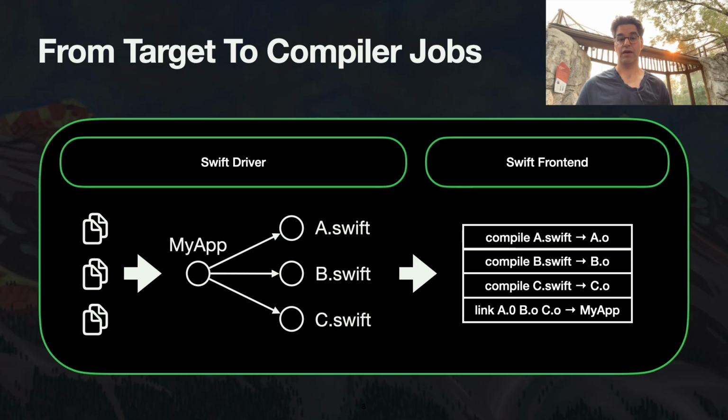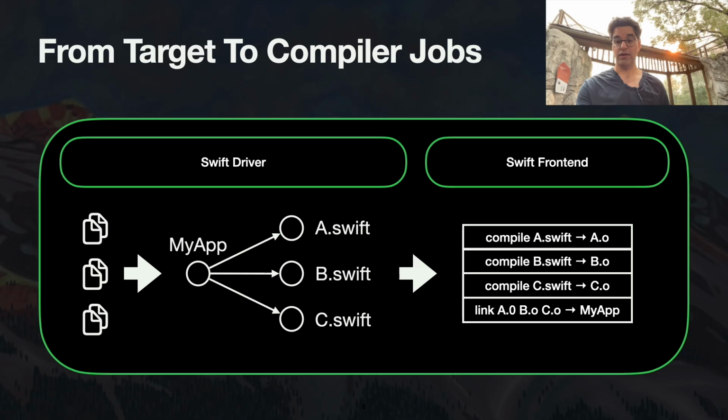So you can see here that the A, B, and C files all have to be converted to object files before they can be linked into the final app. And that is the rough process of how the Swift compiler goes from your Swift code to an actual, executable app that can be used.